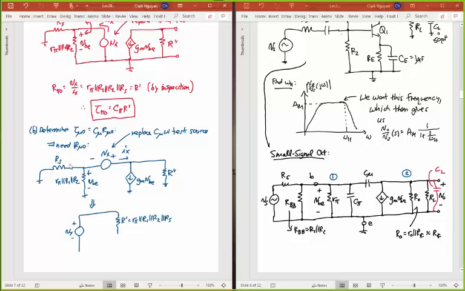And then I have the rest of this part here, which has this GM times VBE. Well, let me put the resistance in here. Let me put R double prime there so I have more space to write this out. And this is going to be GM times VBE there. And all of these are still going to ground down here.